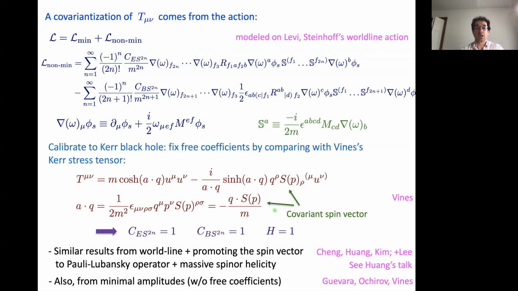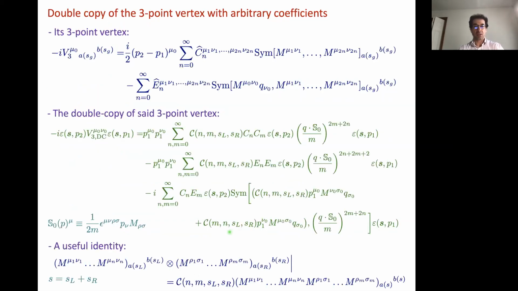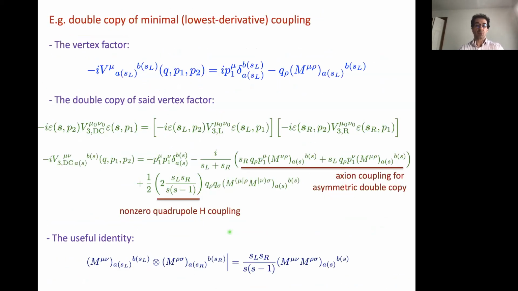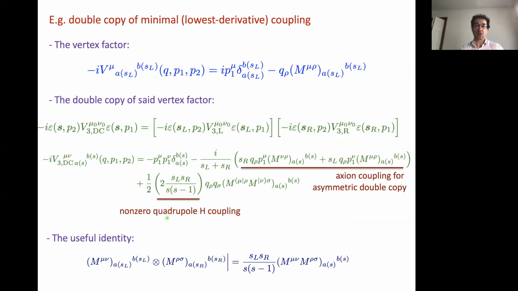Right, so now, as it turns out, this stress tensor that comes out of this action has an interesting property. Namely, it is itself a double copy. It has a nice square root, and that square root is the electromagnetic current coming out of this action. But since I seem to be running quickly out of time, I will not describe that, but I will just emphasize that this is true.